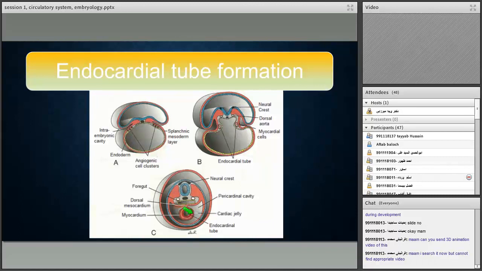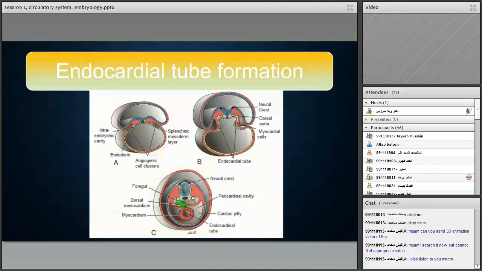So here we have the endocardial tube. As we can see, there is a layer of mesocardium which is connecting the endocardial tube to the dorsal wall of the body.